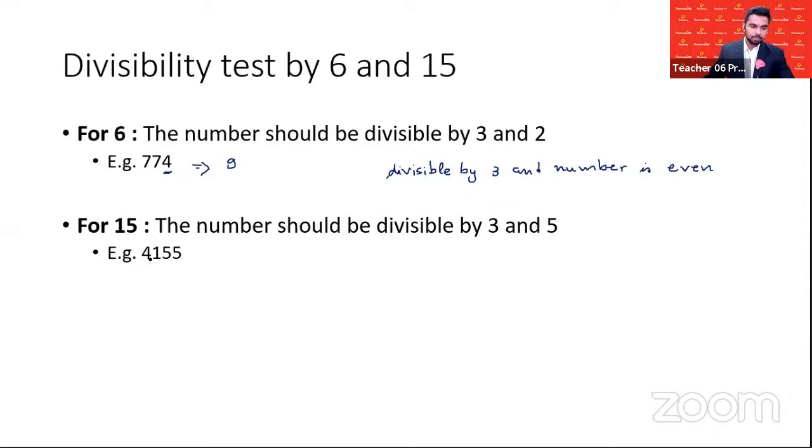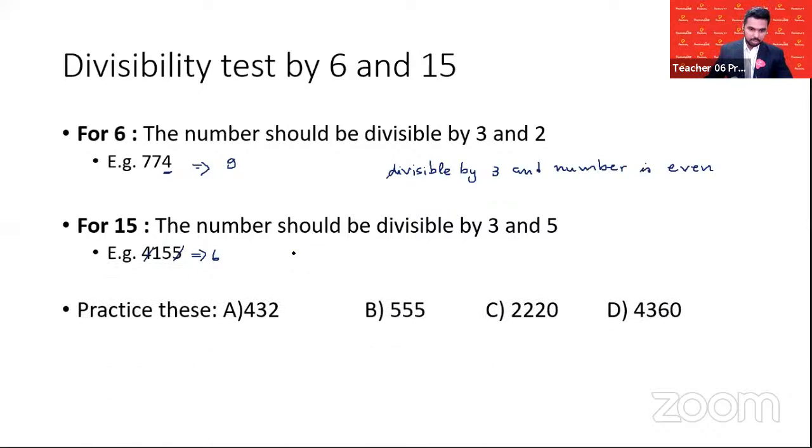So 4 plus 5, we have seen how we can cast out 9s from the digit sum. The remaining digit sum is going to be 6. So this is going to be divisible by 3. What about divisibility by 5? We have briefly talked about that yesterday, and we said that a number that ends in 5 or 0 is divisible by 5. So I hope these concepts are understood.